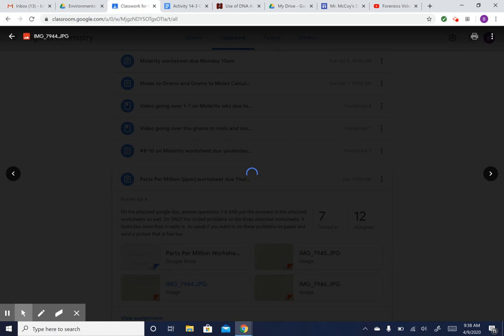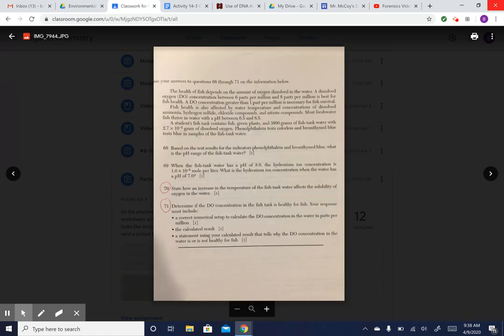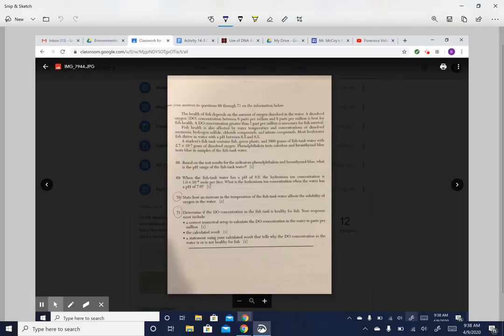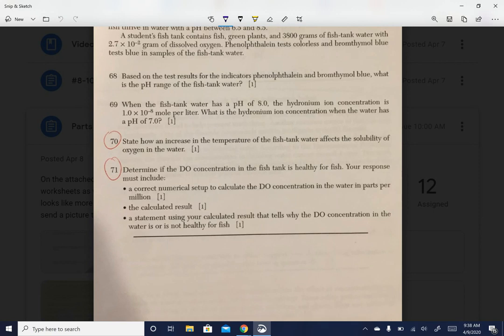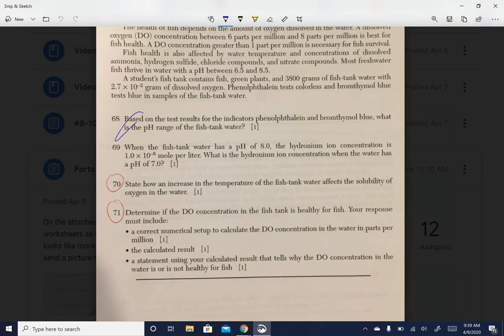What's this one here? All right. So, you know what? Here, I'll do this. State. Oh, you know what? You guys can't do those. We haven't learned that yet. So if you did those or you were confused, I'm sorry.